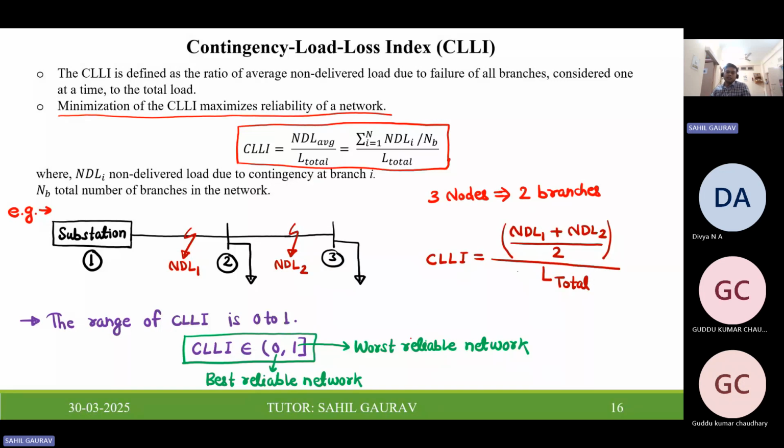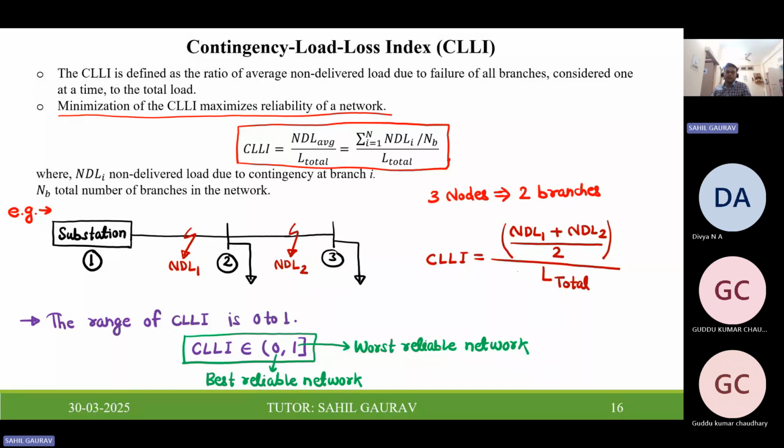So NDL1 plus NDL2 upon 2 is the average of non-delivered load, and the total load connected is L total. So this is the expression for this example.